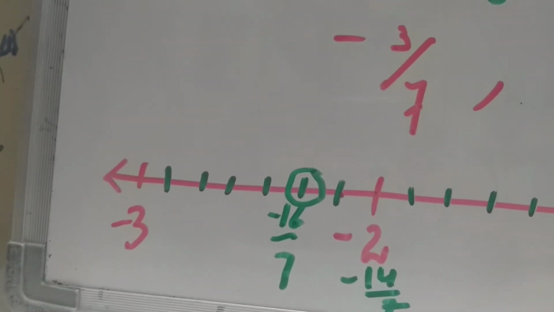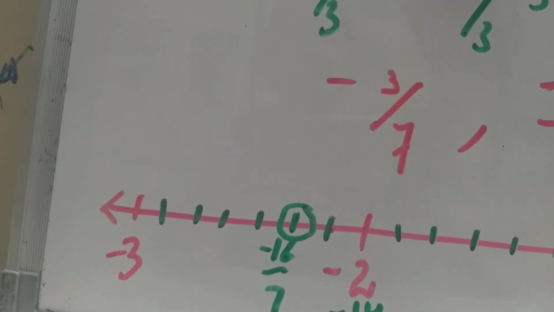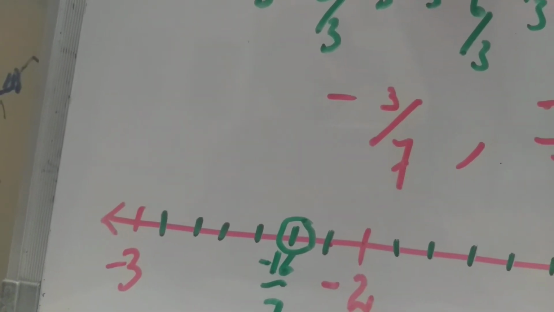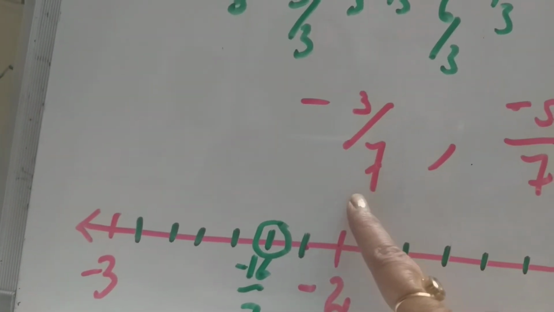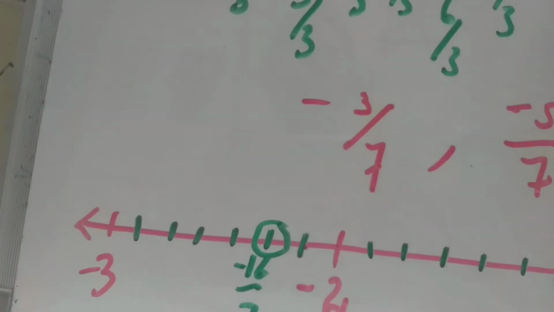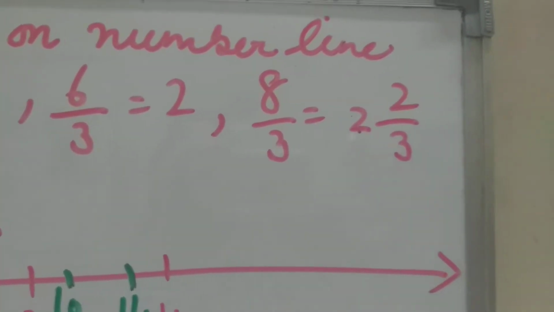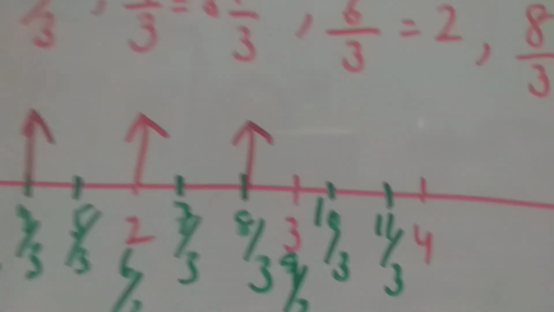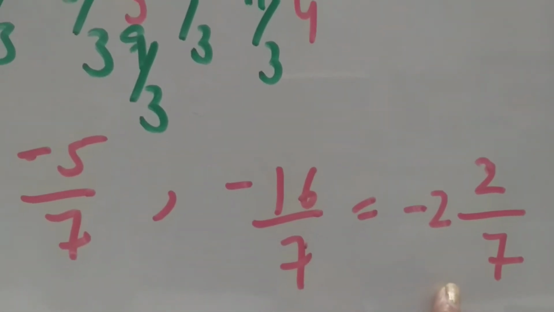Just keep in mind a few points. Where do these types of numbers lie? Numbers of this type lie between 0 and 1. Similarly here, the number lies between 0 and minus 1. Whenever the number is of this kind, it will lie after 1. Same here, it will be after minus 1.